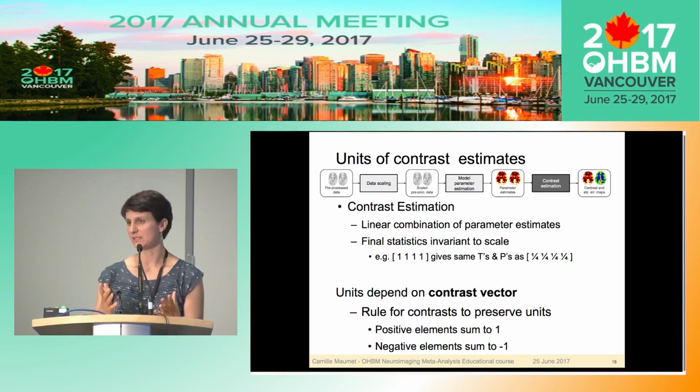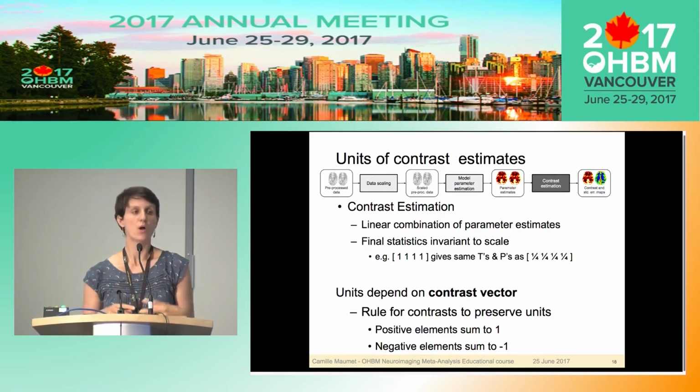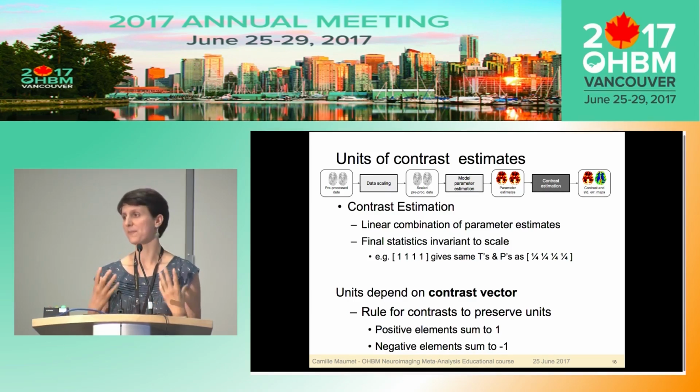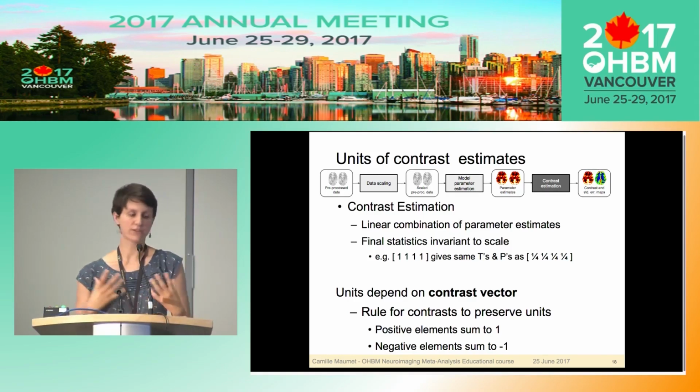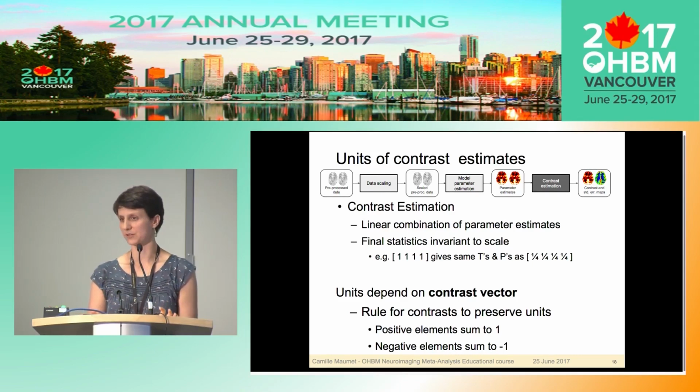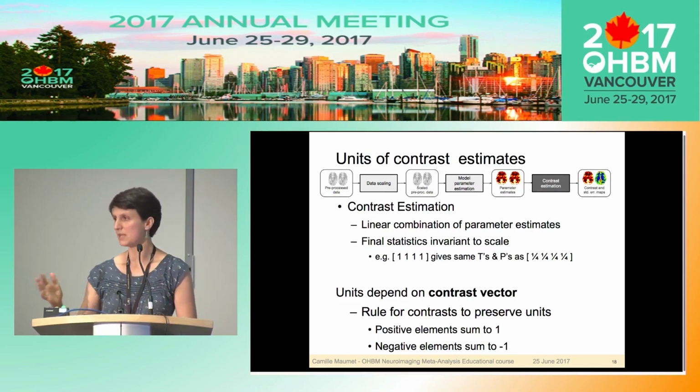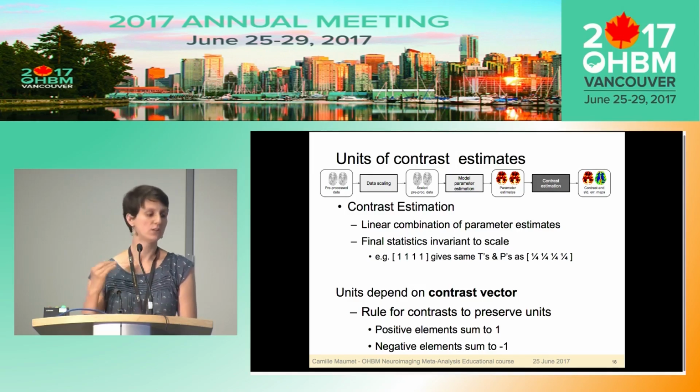I would get the same statistic map and the same p-values. But if I look at the contrast maps, they are going to be scaled differently, and this will impact future meta-analyses. So as a rule of thumb, to define your contrast vector, it's good to keep the sum of the positive elements to 1 and the sum of the negative elements to -1.